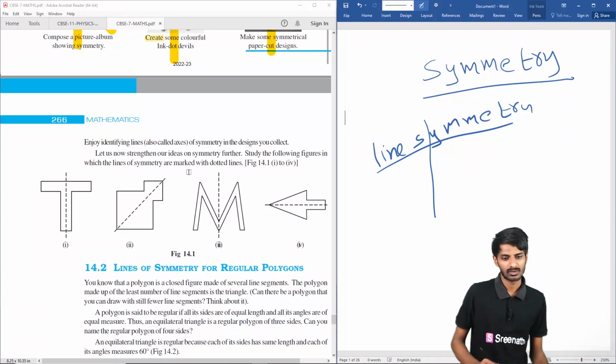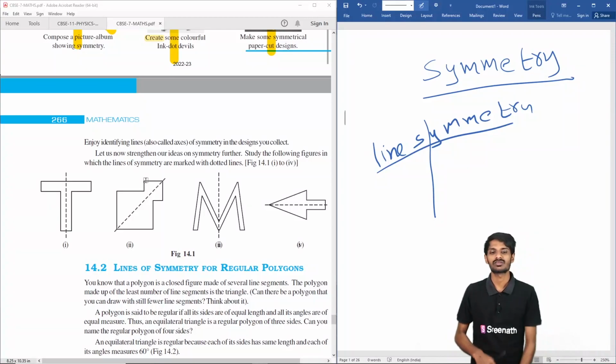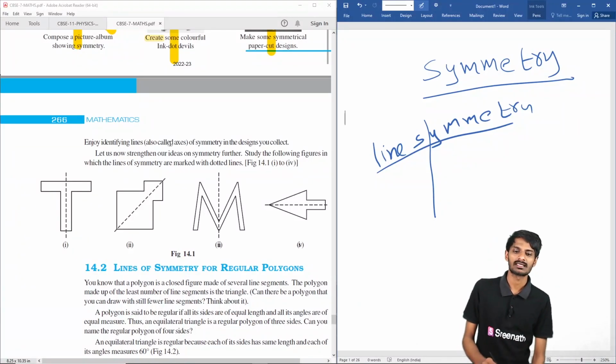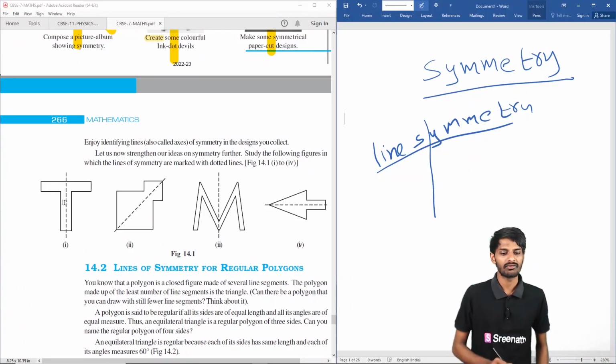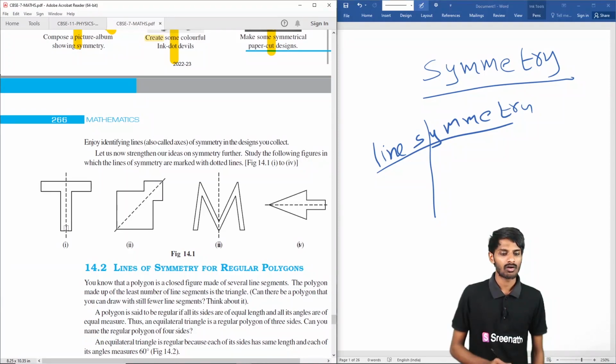And those lines are also called the axis of symmetry. Suppose in the case of the letter T, if you observe here, around this line, this is the axis of symmetry. Here it is the dotted line, students. If you write it on paper and fold it, you will get this symmetry.